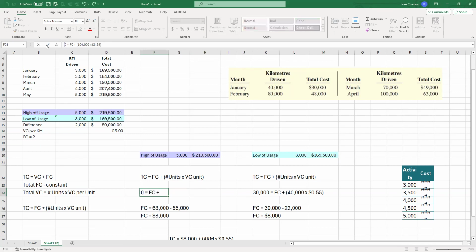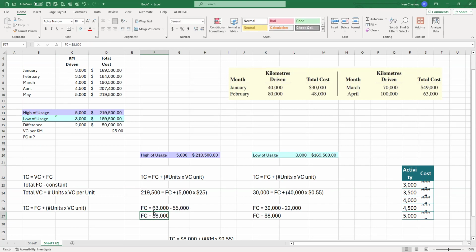We can use only one method just to make it faster. 219,500 will be equal to 5,000. We have to change that one. It's 5,000 only times 25. $25 per single level of activity. And how much will that be?